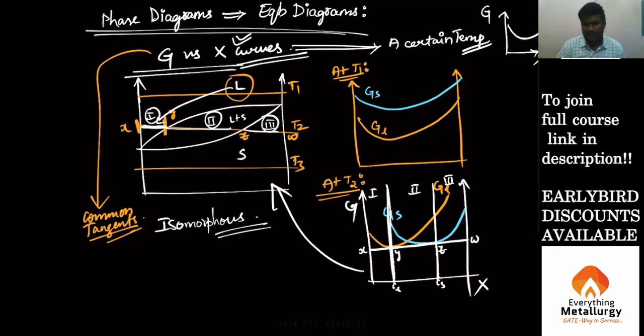At this particular temperature we got these two points, at some other temperature we'll get other points, and by taking the locus of all these points we get our isomorphous phase diagram. That is how we conclude from the G versus X curves.